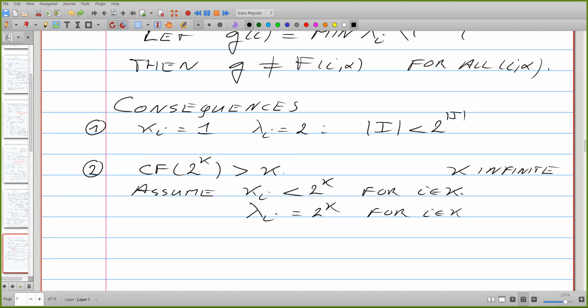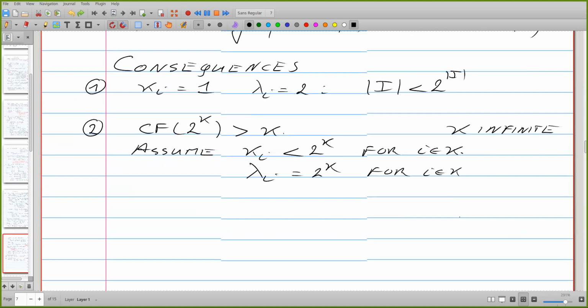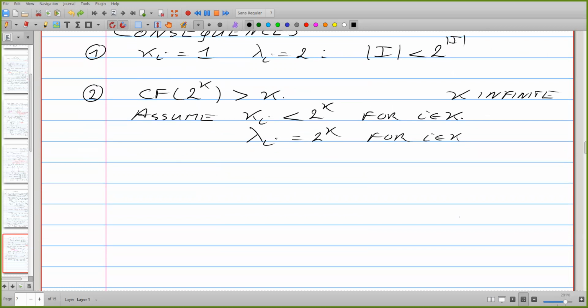And for lambda_i, we take 2 to the kappa all the time. What do we need to show? Well, we wanted to show that the cofinality of 2 to the kappa was bigger than kappa. Well, here we go.